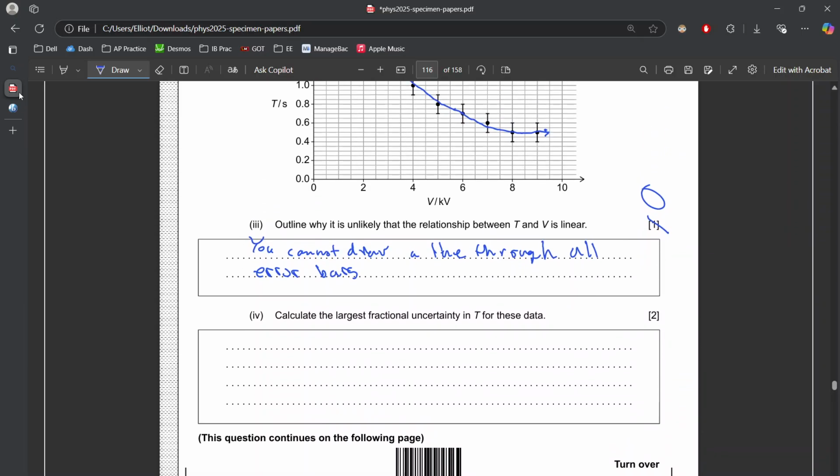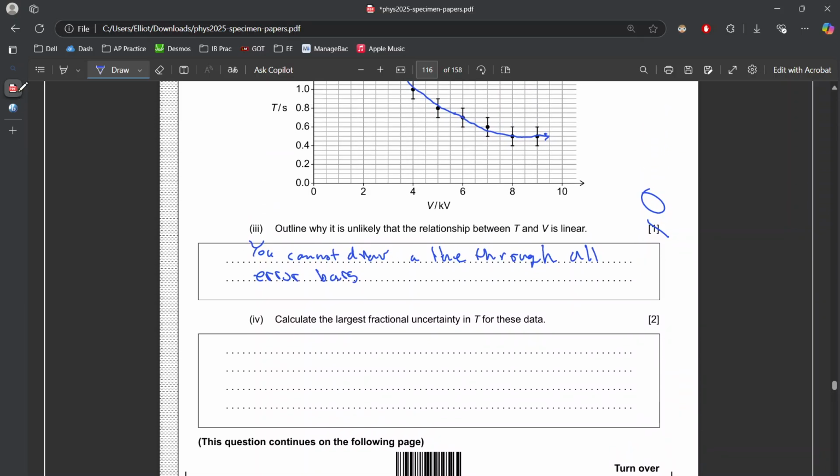Okay, calculate the largest fractional uncertainty in T for these data. Recall correctly, fractional uncertainty is delta T over T. So it looks like the uncertainty is 2 little rungs on this graph, which looks to be 2 out of 4.